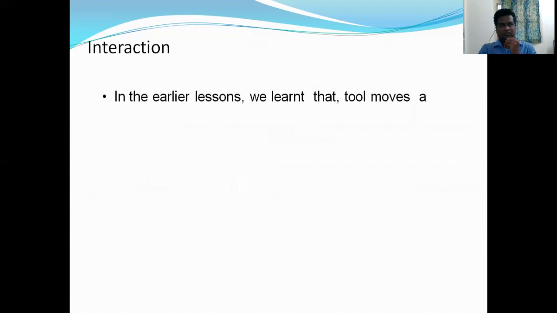Before discussing that, what we observed in the earlier machines has to be recalled now. In the earlier lessons, either lathe, broaching, or shaper, slotter, we learned that the tool moves and the work is stationary.